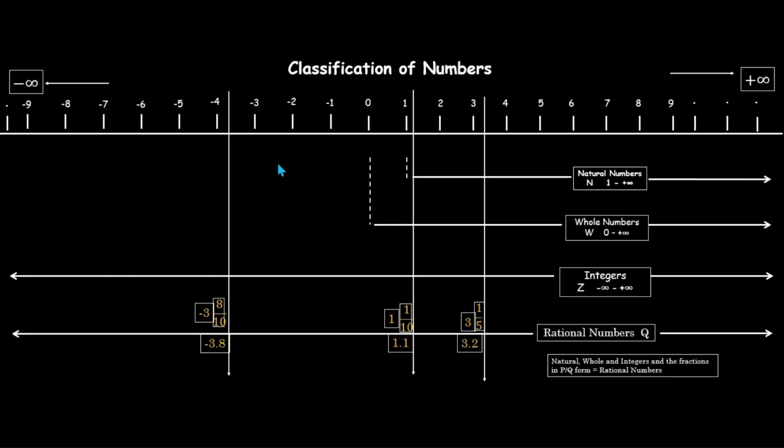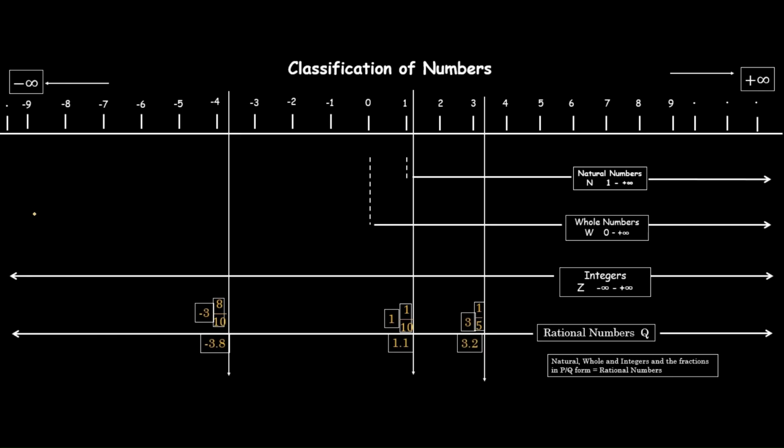A question may come up when we hear that rational numbers are the ones that can be represented in P by Q form. Then how come the integers, the ones, twos, threes, and so on, and similarly the minus one, two, three, and so on, are in P by Q form? Well, they can be represented in P by Q form.